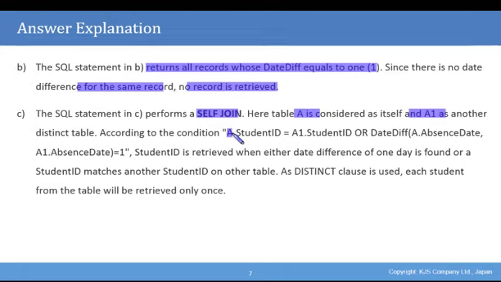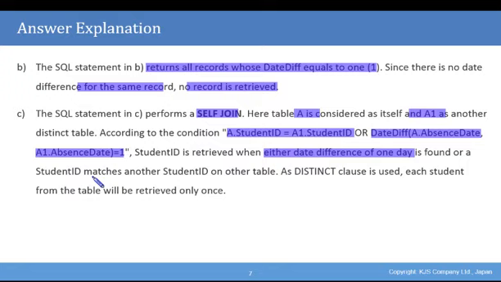According to the condition A.studentID equals A1.studentID, or dateDiff A.absenceDate, A1.absenceDate equal to 1, a student ID is retrieved when either a date difference of 1 day is found, or a student ID matches another student ID on the other table. As the distinct clause is used, each student from the table will only be retrieved once. So here we can see the answer is D.